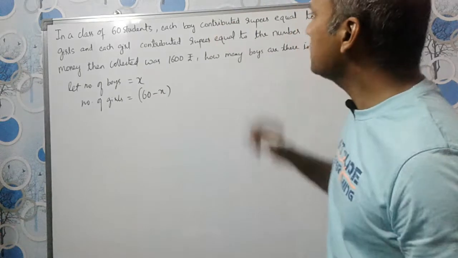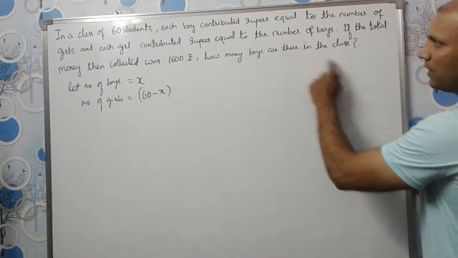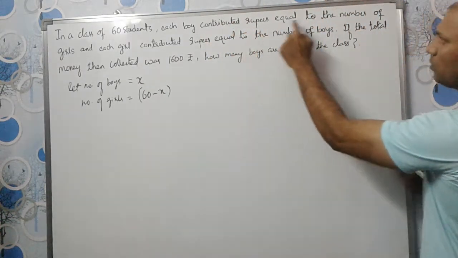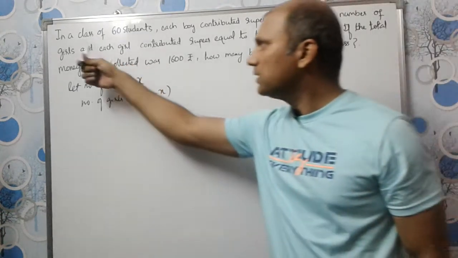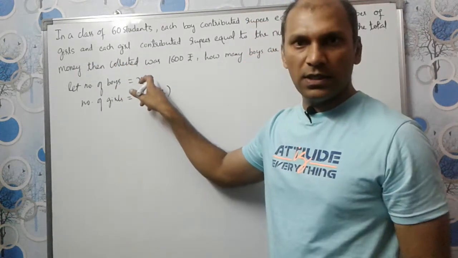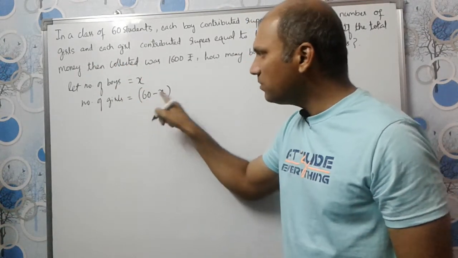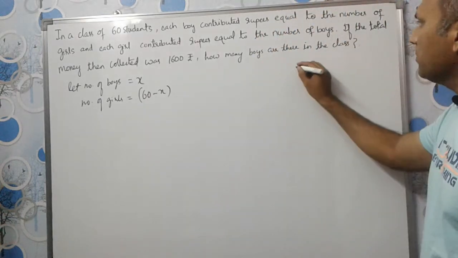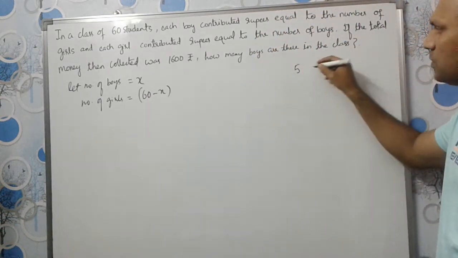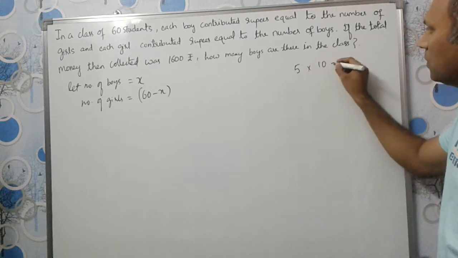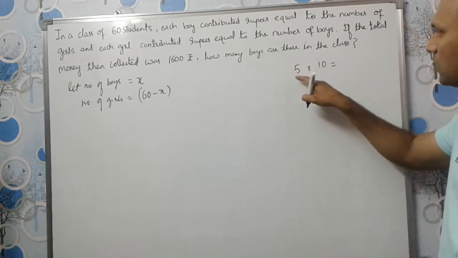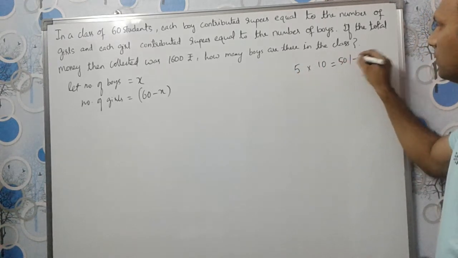Now if you read this question carefully, see, each boy contributed rupees equal to the number of girls. So there are x boys, each boy contributed 60 minus x rupees. Like for example, if there are 5 boys and each boy contributed 10 rupees, the total amount contributed by the boys will be 5 tens, 50 rupees, right?